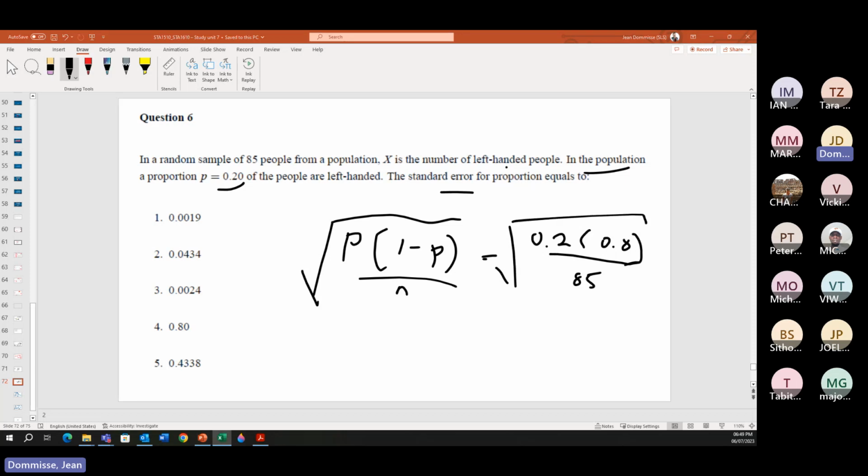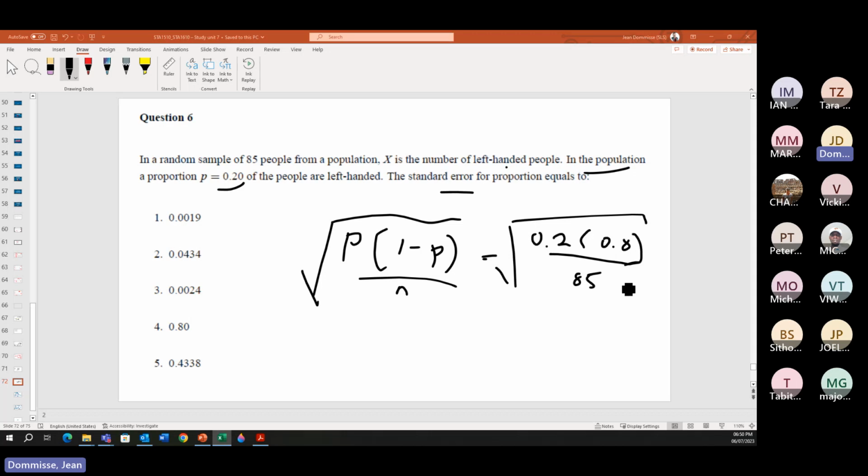Okay, so if we work that out, 0.2 times 0.8 is 0.16. At least there is no answer of 0.16. When we divide that by 85, we get 0.0019.